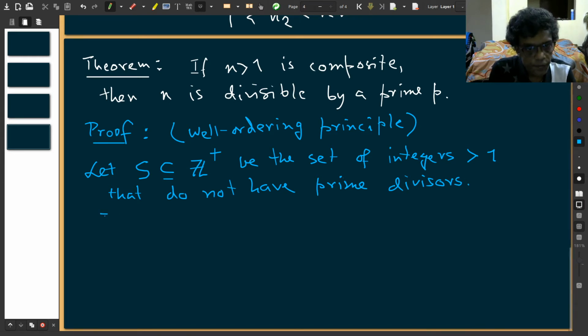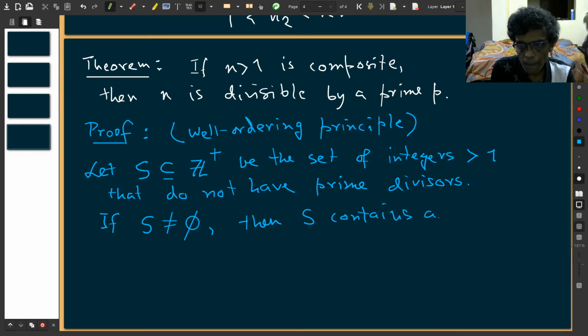Now, if this set S is non-empty, then by this well ordering principle, S contains a minimum element, let us call this N. Okay.